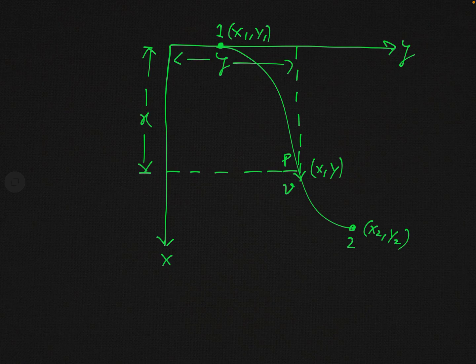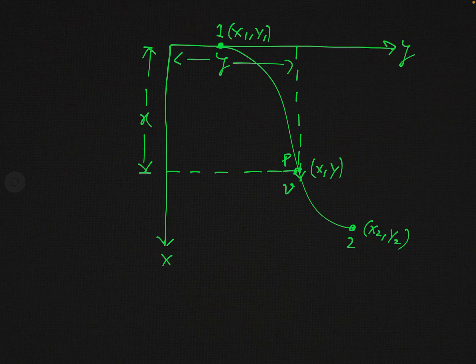Now to solve this problem, let us consider that at any moment of time t, the particle is at this point P on this curve, whose coordinates are x and y. The velocity of the particle at this moment is v, as I have shown in this figure.